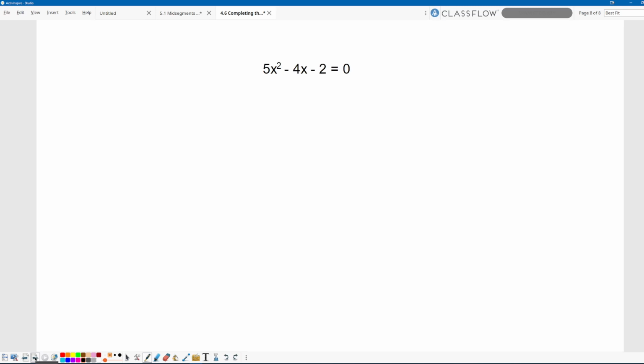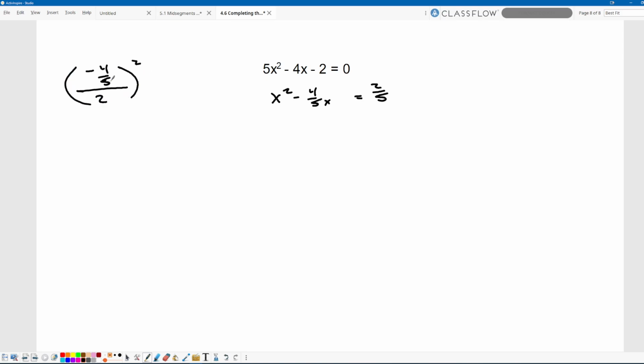Here's another example in which this will work out the same way as that last one that we just did. So we're going to divide everything by 5. So x squared minus 4/5 x, and then I'll go ahead and move this to the other side real fast, is equal to 2/5. So you're going to do negative 4/5 divided by 2, and then you're going to square it.